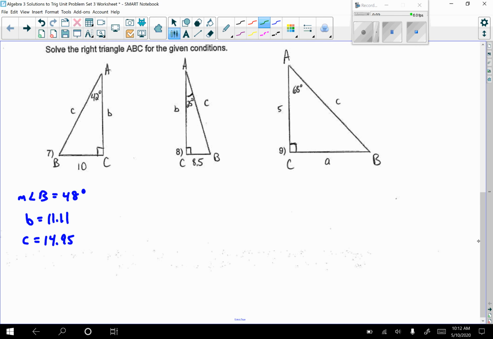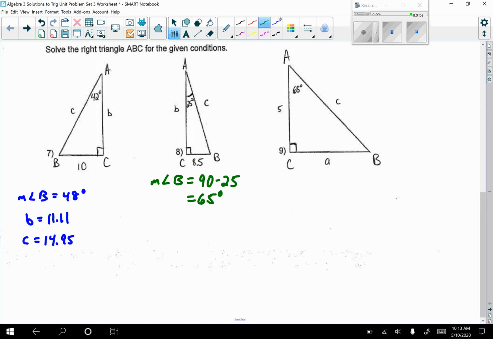If you notice, one angle is already 90 degrees, a right angle, and we're given angle A, so we can quickly find angle B. All three angles in a triangle add up to 180, and if C is already 90, the other two angles have to add up to 90. So we say 90 minus 25, which gives us 65 degrees. The measure of angle B is 65 degrees.